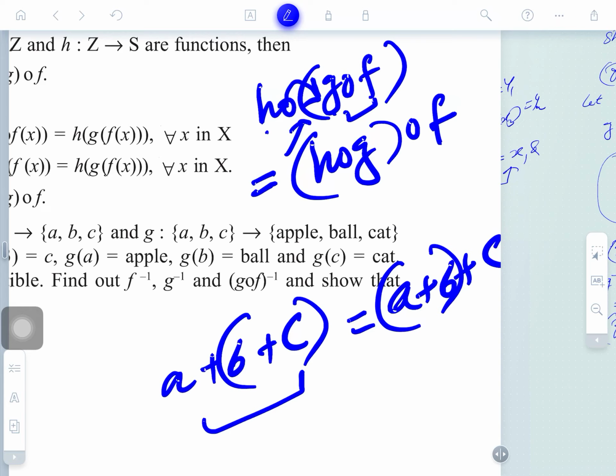Another question is also there. What the question is saying here, consider 1, 2, 3 and A, B, C, apple, ball, cat is there also. We have to find this. This inverse is distributive. Means first you will find out the composition of the two functions and you will take the inverse of this.